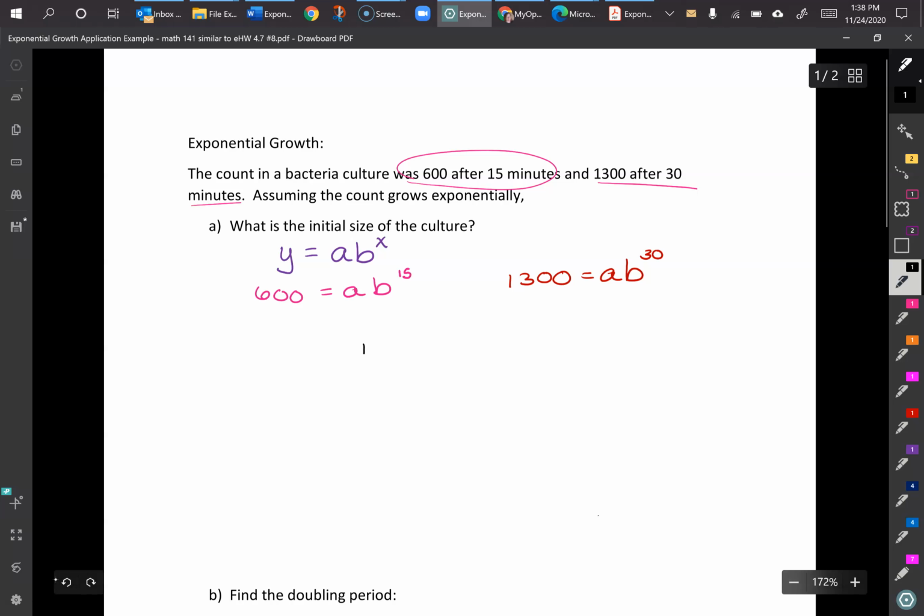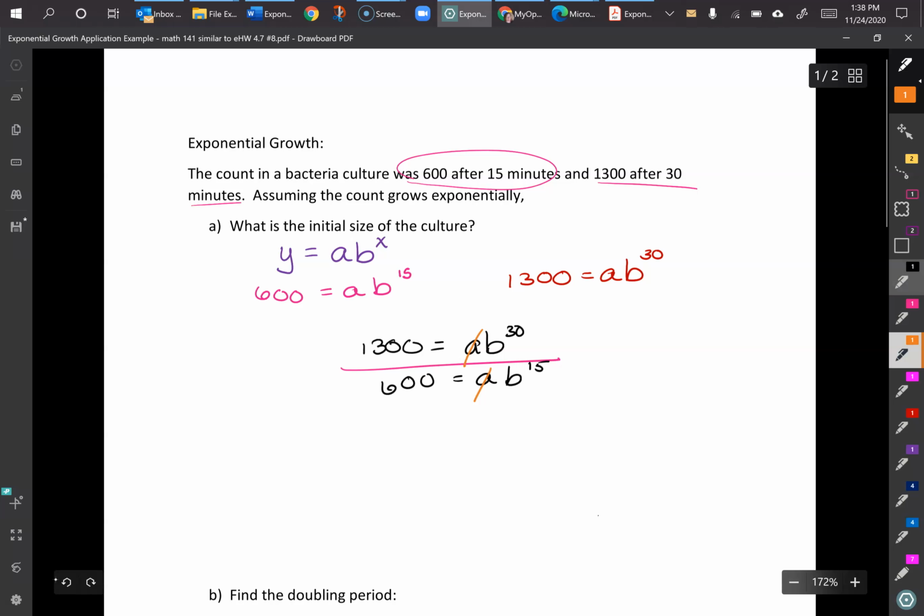So I'm going to take this second one, just so I end up with a positive exponent there, 1300 equals A, B to the 30th. And I'm going to divide that all by 600 equals A, B to the 15th. And then what happens is these A's reduce.